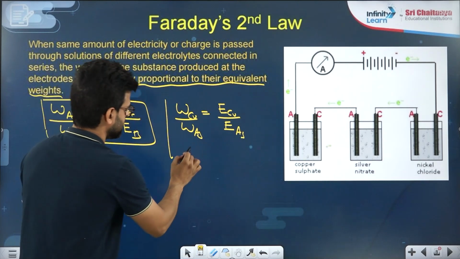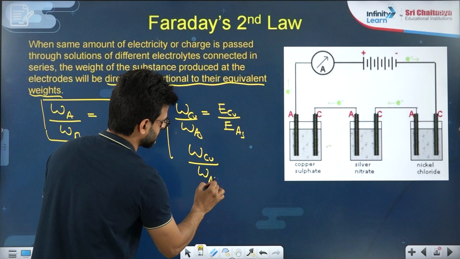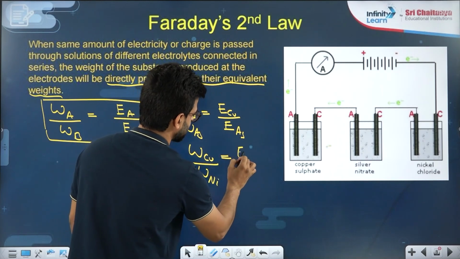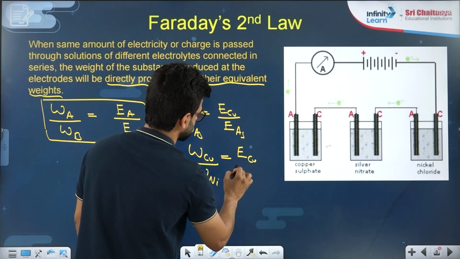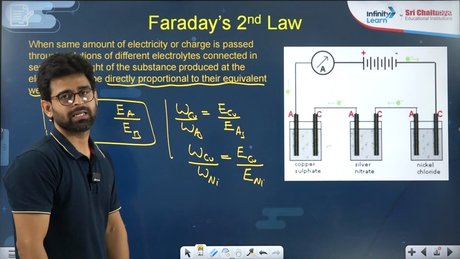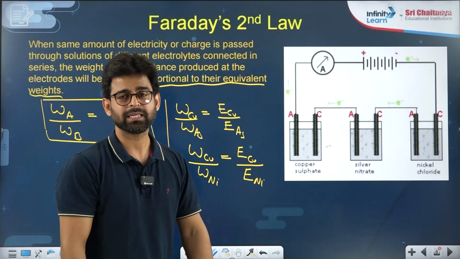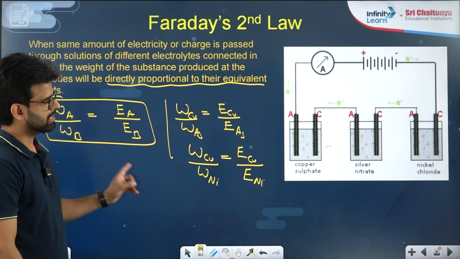Or similarly, weight of copper deposited divided by weight of nickel deposited will be equal to the equivalent weight of copper divided by equivalent weight of nickel. Okay, and you can apply the same thing for silver and nickel also. Clear? So this way we have to solve our questions.